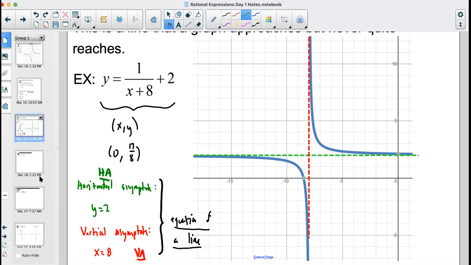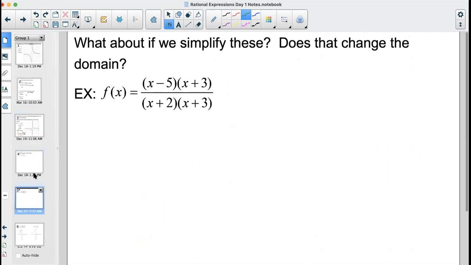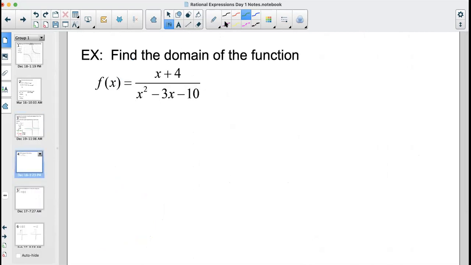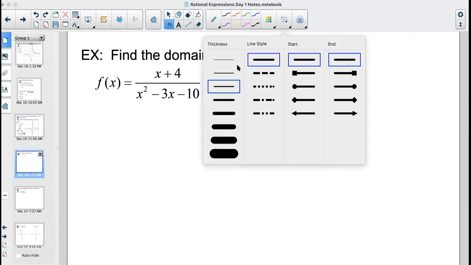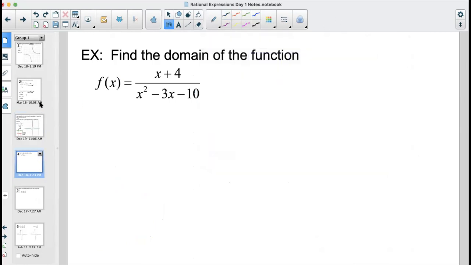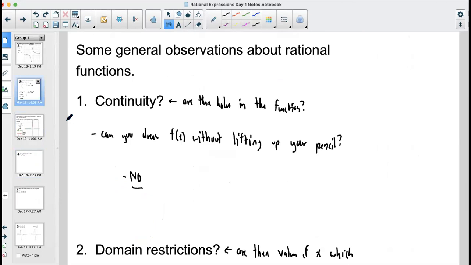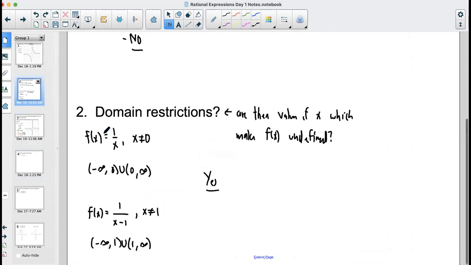We're going to do this a significant amount. We're going to find the domains of these functions. And like I said before, domains of these functions are almost exclusively where the denominator is equal to 0, because we can't have zeros in the denominator of fractions.